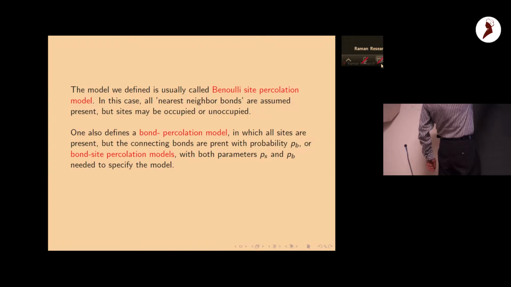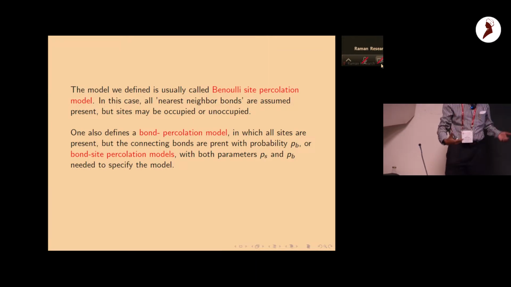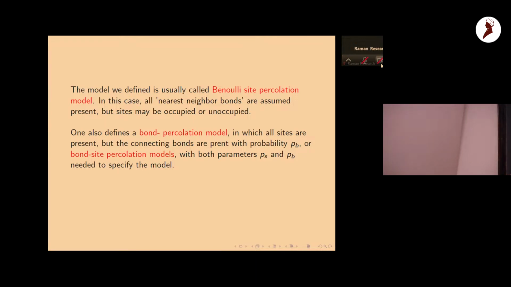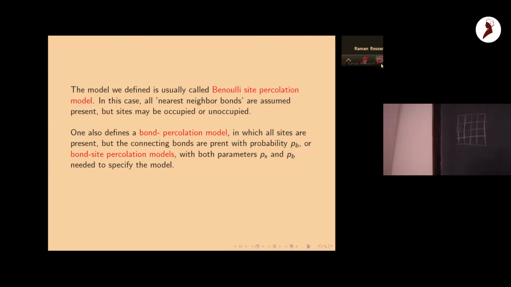So there are all these bonds present, but some of the bonds are actually, let's say, imagine I erase them. I erase them independently with probability 1 minus p. They are present with probability p, absent with probability 1 minus p. Again I ask the same question. Can I go from site 1 to site 7? So this is called the bond percolation problem.